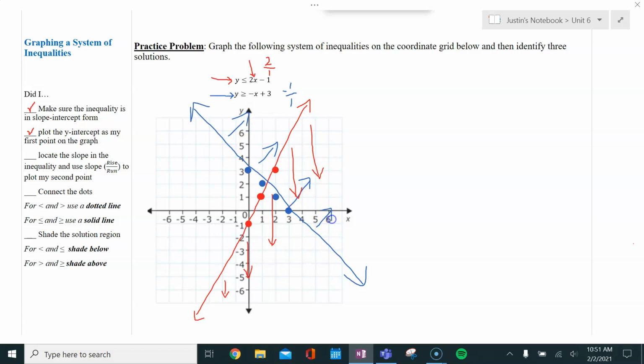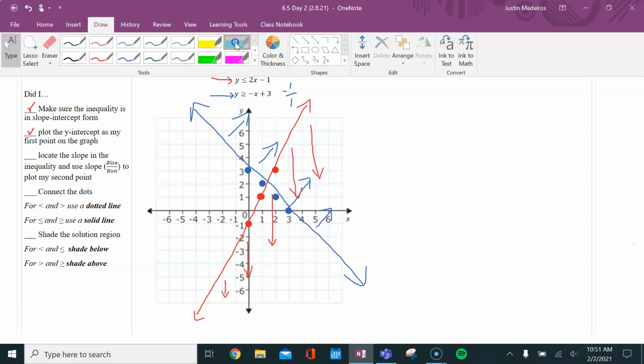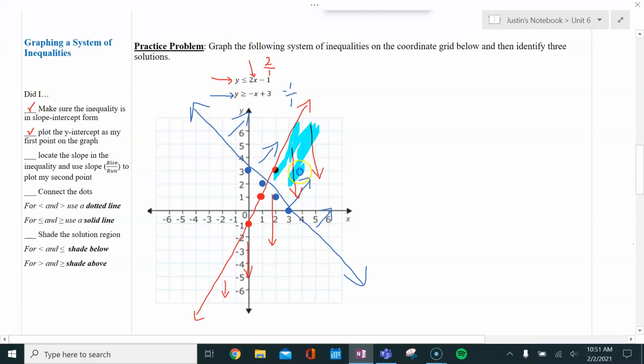Where do you notice that the red and the blue arrows cross? Which shaded region is that? That is this shaded region right here. We are still above that blue line, and we are still below the red line, where the two shaded regions overlap.